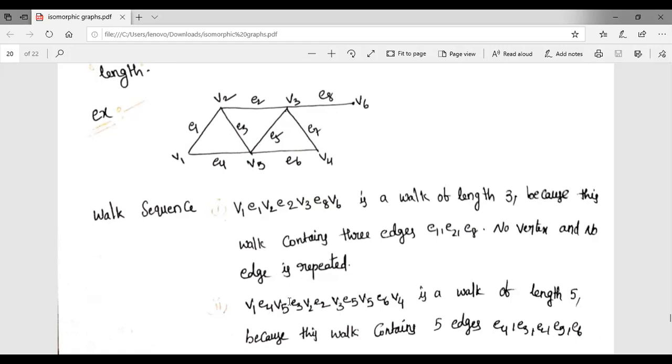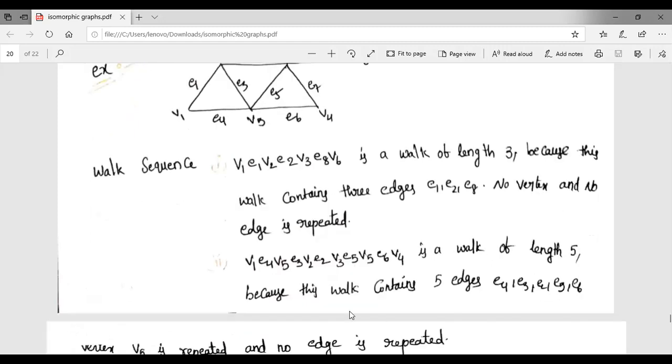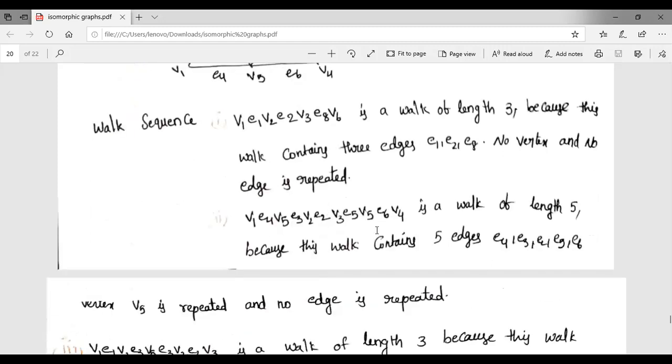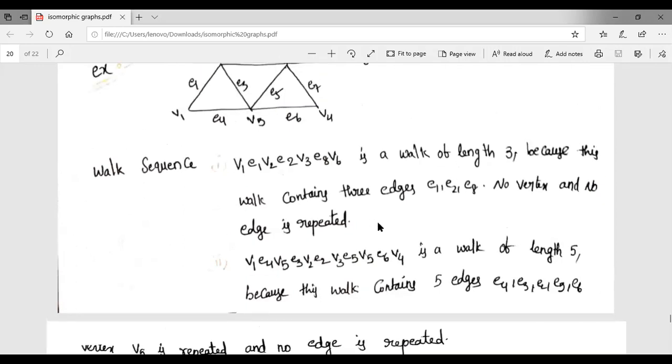Vertex V5 is repeated here, and no edge is repeated. So this is also a walk, since in the definition of a walk a vertex or an edge can be repeated.